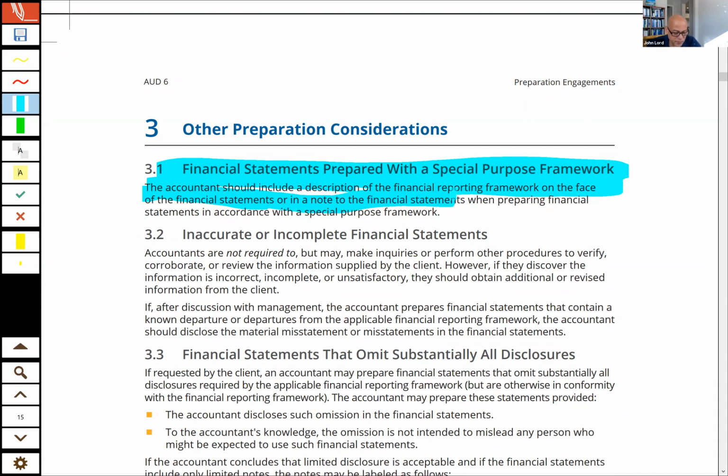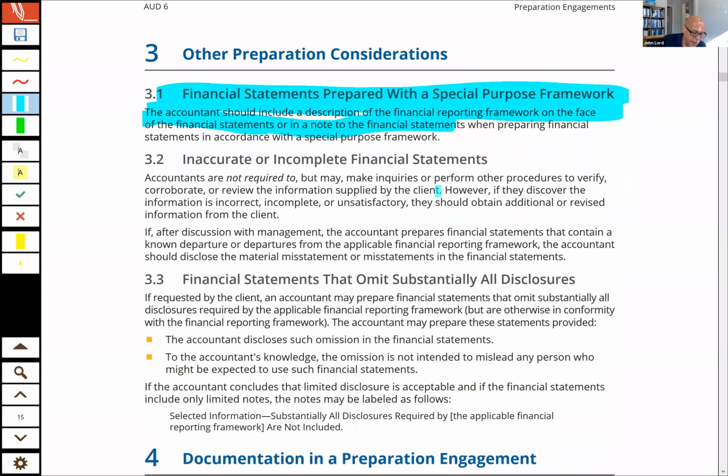So they're saying the accountant should include, because we are preparing the statements, but we're just making sure that each page has that statement on there. What I'm trying to say is it's not written in the voice of the accountant. It doesn't say the accountant says that here's the applicable framework. It's something that's just included in the financial statements that are the responsibility of management.